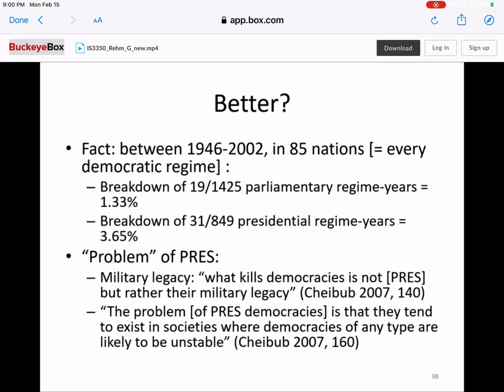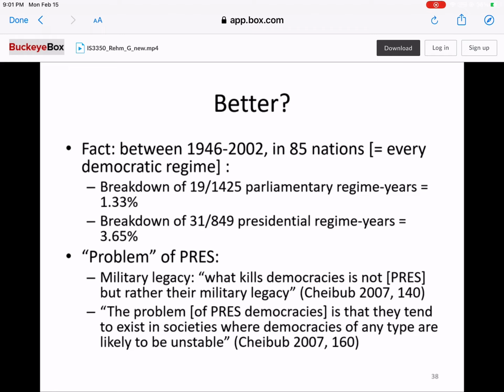And so the argument that scholars make here is that it is not the case that presidentialism is to blame for the decline of democracy. The decline of democracy is caused by the unstable conditions and the military history in these countries.